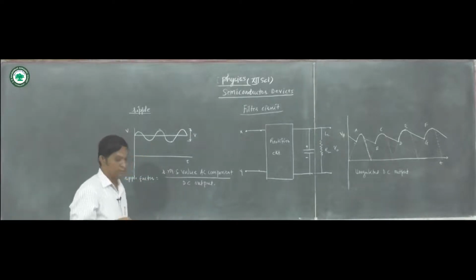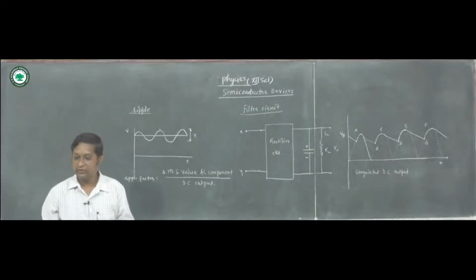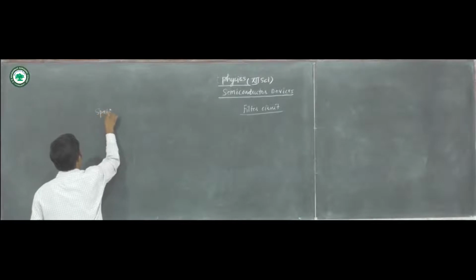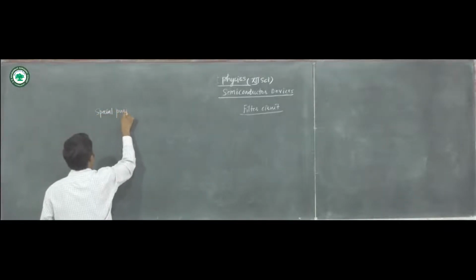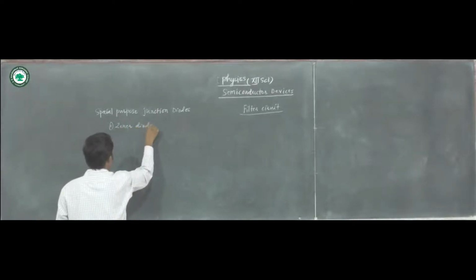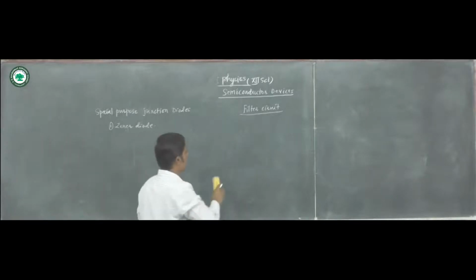Let us study the special purpose junction diodes. First is the Zener diode, which is used in a circuit as a voltage regulator.